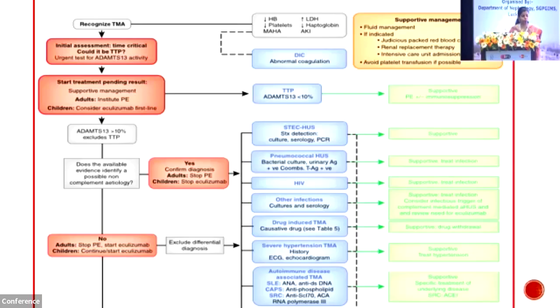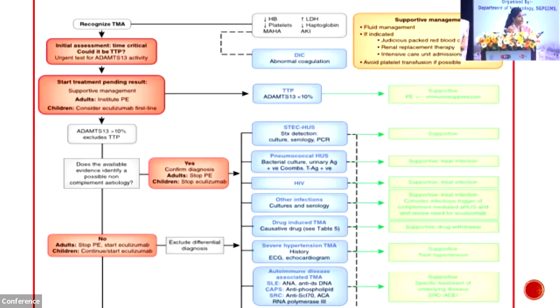Now, just to go briefly through the other forms of TMA and how we will approach them in a pragmatic way. First is to diagnose TMA based on the essential clinical and biochemical tests, which is thrombocytopenia, MAHA, and the ancillary clinical tests.